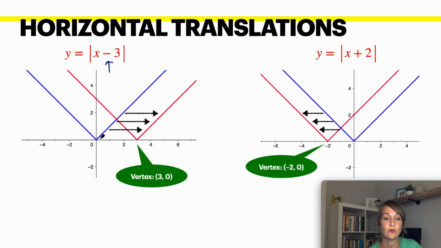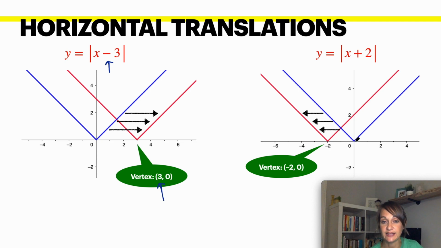So that is why you actually move it to the right 3. And if you notice, the vertex also changes from 0, 0 to 3, 0. So if you were to take the opposite sign of whatever is inside the absolute value, it is going to become your x value of your vertex.